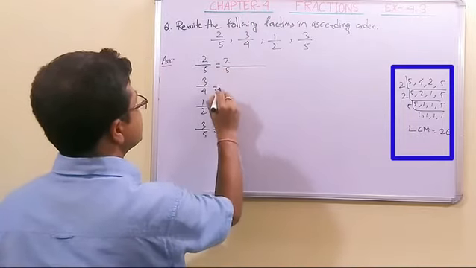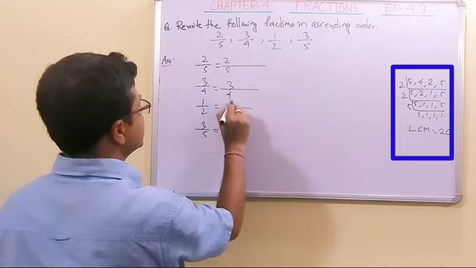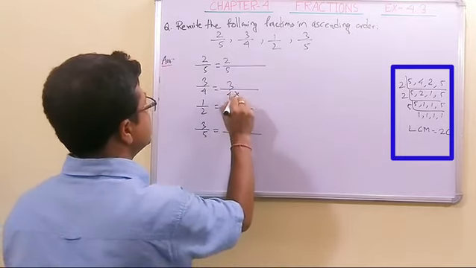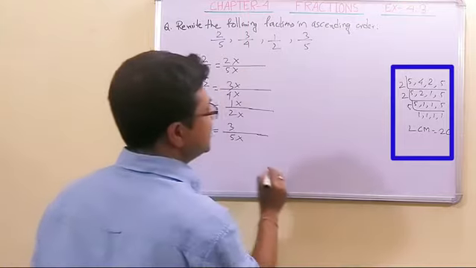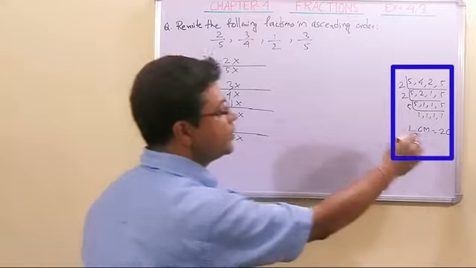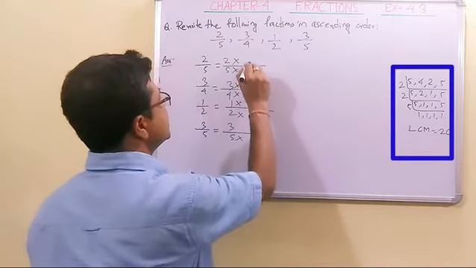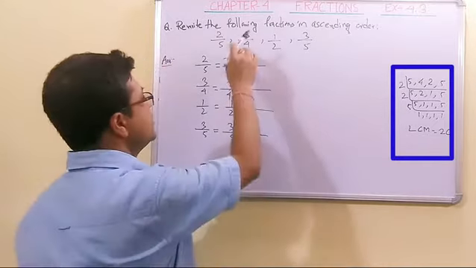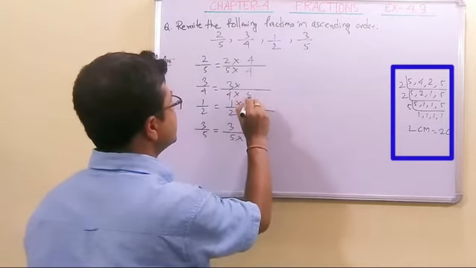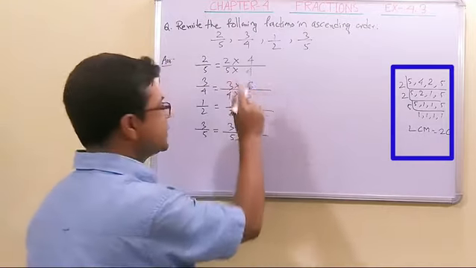Let us write like this. Let us multiply. In each case, we will make the denominator 20. Now with 5, what do we have to multiply to get 20? 4, right? So here also we shall put 4 to make the equivalent fraction. With 4, what will we multiply to get 20? 5. We shall put 5 to get the equivalent fraction.